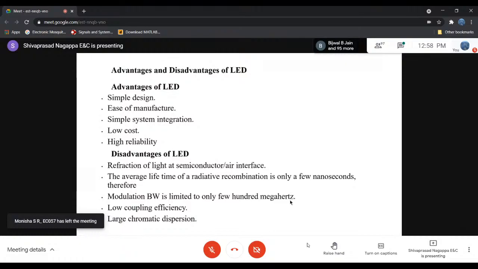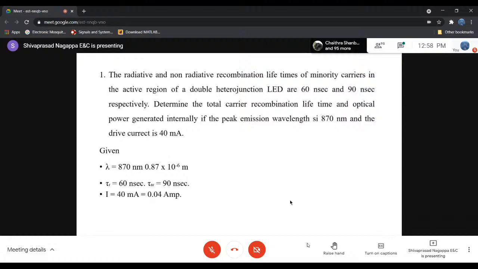So most of it will be lost. Large chromatic dispersion: as you all see, the radiation pattern is more, hence dispersion will be more, due to which the losses will be more.